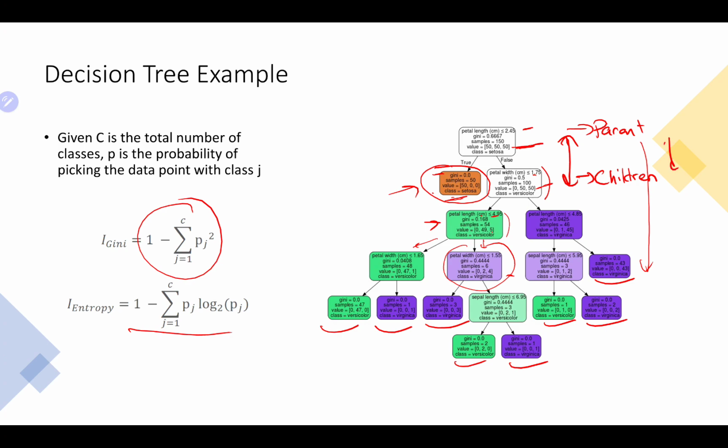The difference in their Gini values is called the information gain, okay? Since the decision tree tries to minimize the Gini value, that also means that the difference between the parent node and the children nodes in terms of information is being maximized, right? So it tries to maximize the information gain. That's another way to look at it. At the end, they are the same thing.